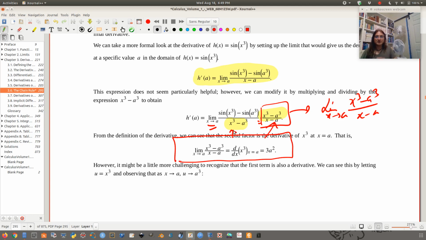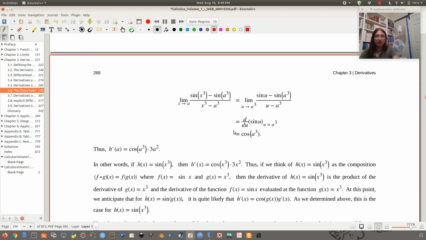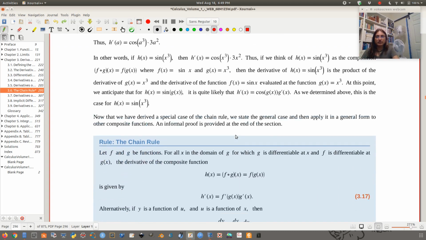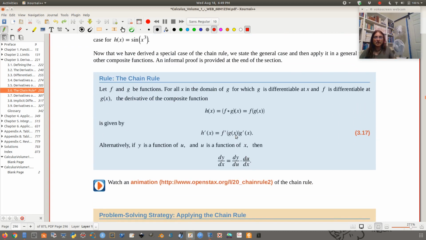Now this part, we can treat x cubed as u, so sine of u minus sine of A cubed over u minus A cubed, and as x goes to A, then u goes to A cubed. This becomes the derivative of sine u evaluated at A cubed, which is cos A cubed. So we can prove this general theorem of the chain rule, and the result is as follows.